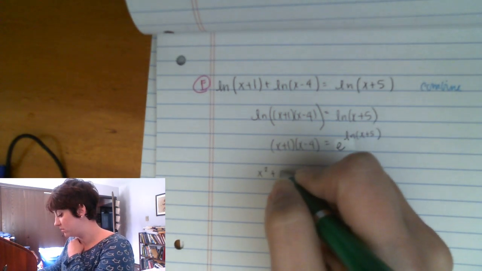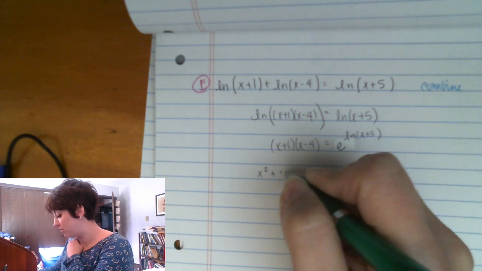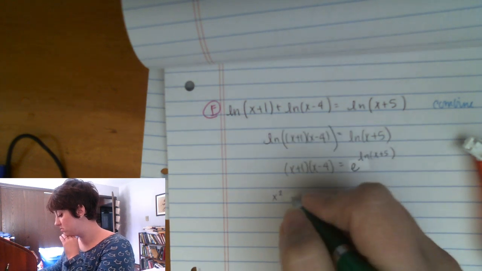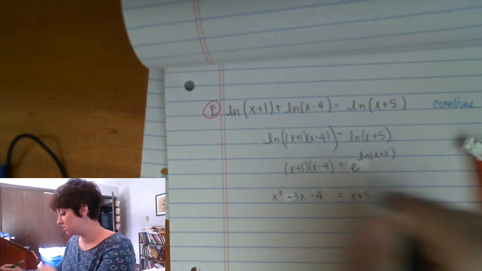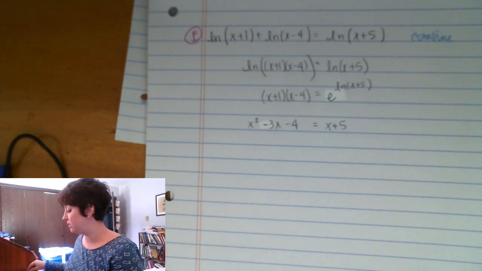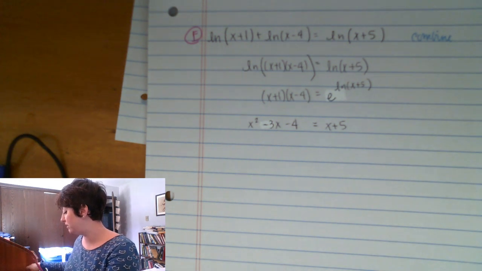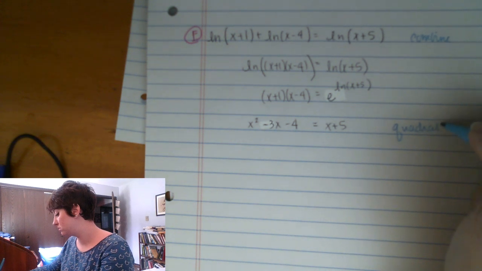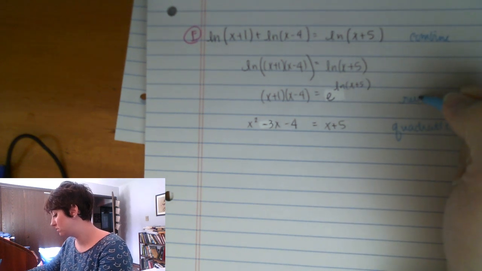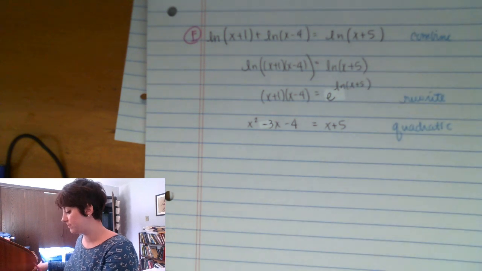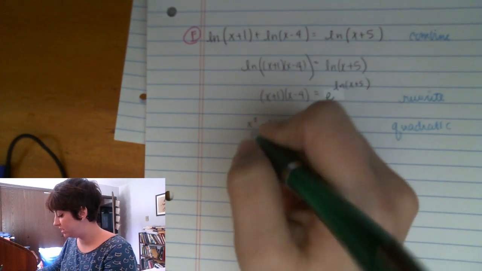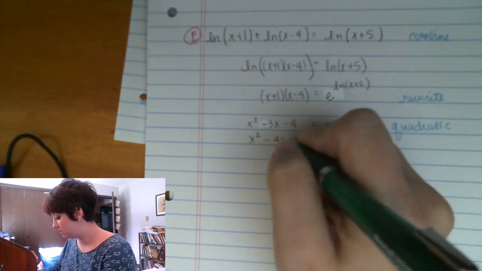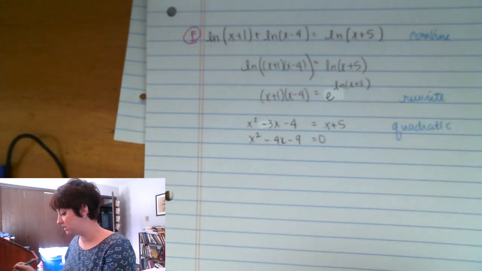Okay. So this is quadratic. I have x squared minus 3x minus 4 equals x plus 5, which means x squared minus 4x minus 9 equals 0.